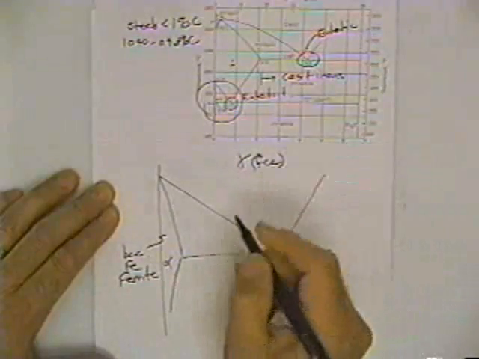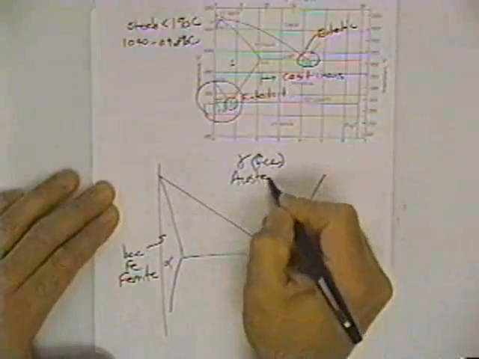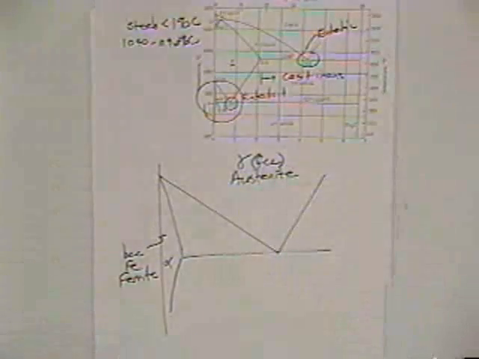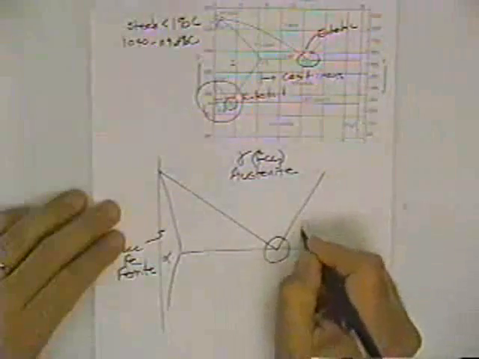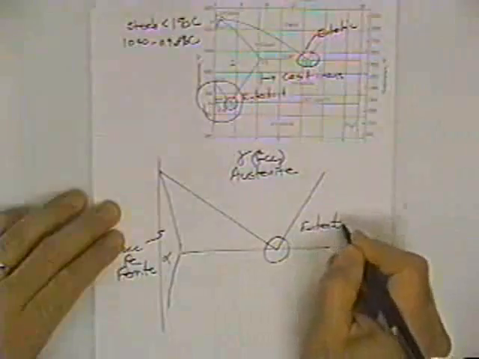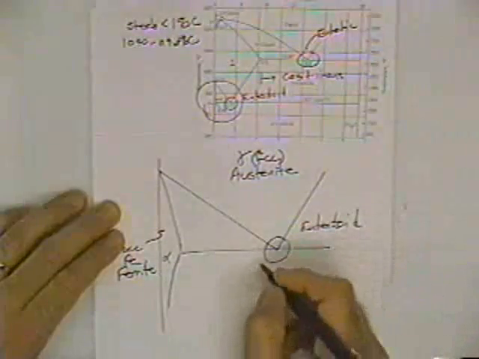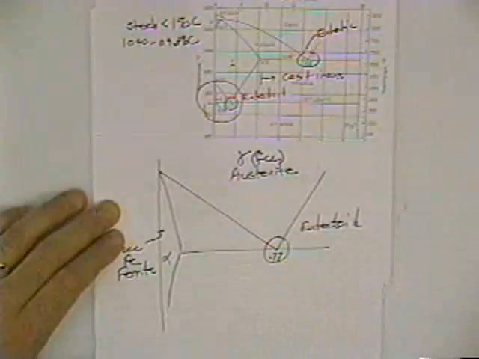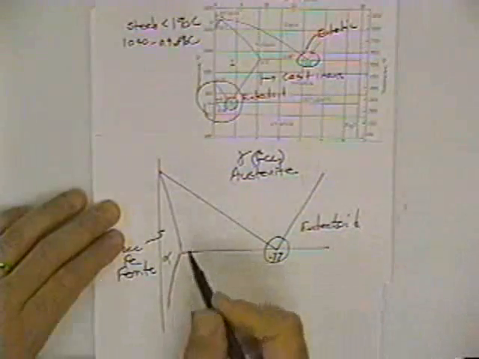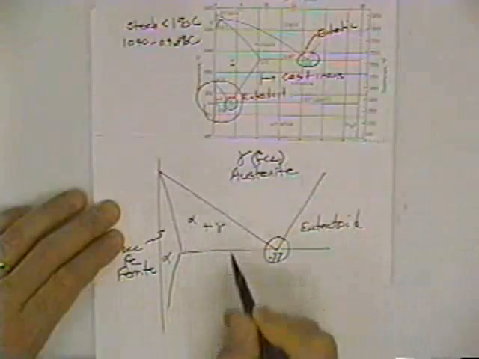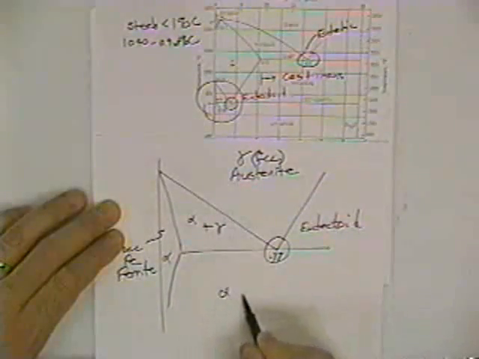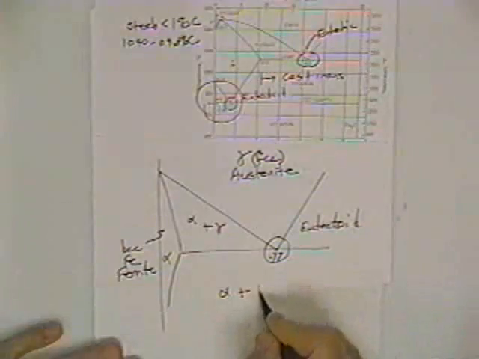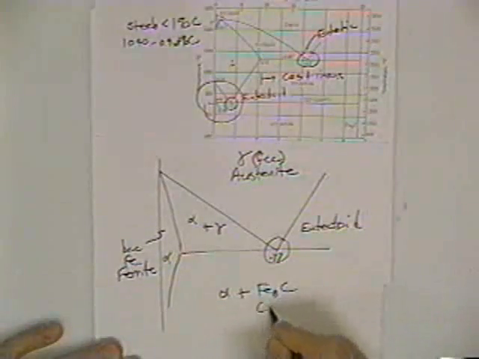It's face-centered cubic, and it's called austenite. If we add enough nickel and chromium, we can have a stainless steel and have an austenitic stainless steel. This is the eutectoid reaction, and that's at 0.77 weight percent. So, what's this phase field? Alpha plus austenite, and down here we have alpha plus Fe3C, or carbide.